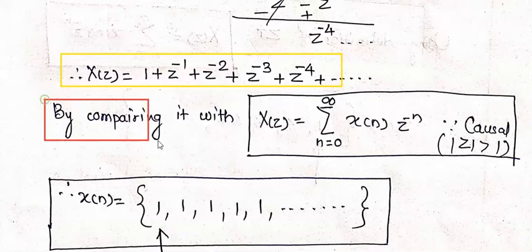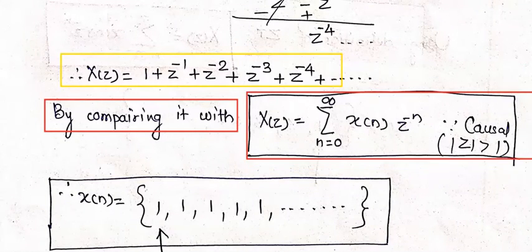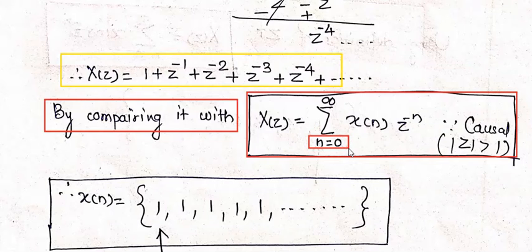By comparing it with the definition of the z transform, x of z will range from n equal to 0 to infinity. Why is it n equal to 0 to infinity? Because it is causal and mod z is greater than 1. Because of these two reasons, the summation ranges from 0 to infinity.